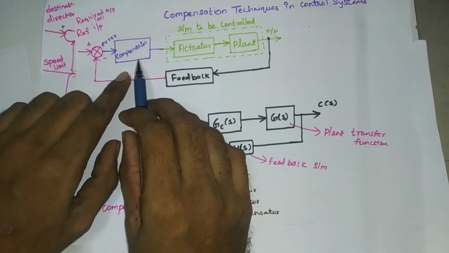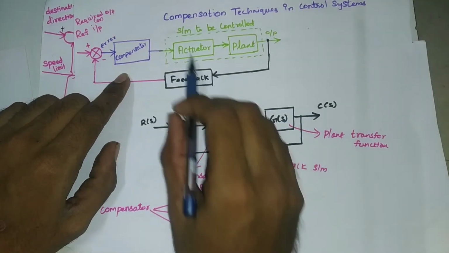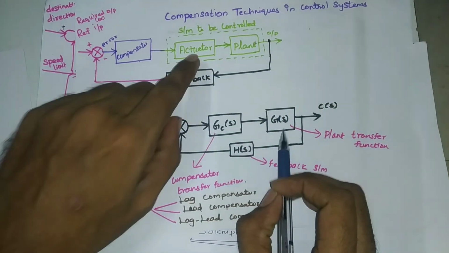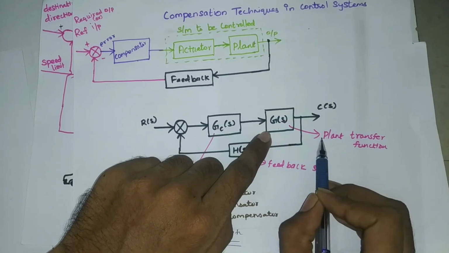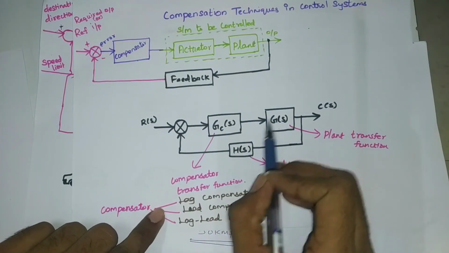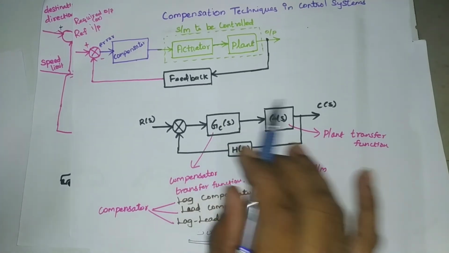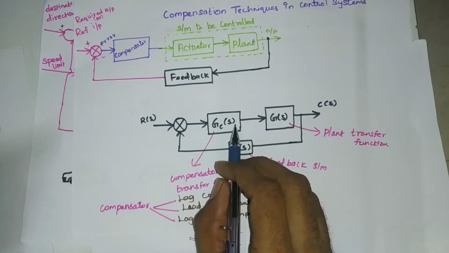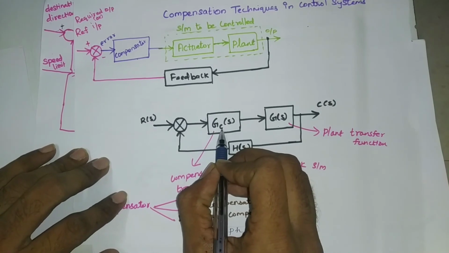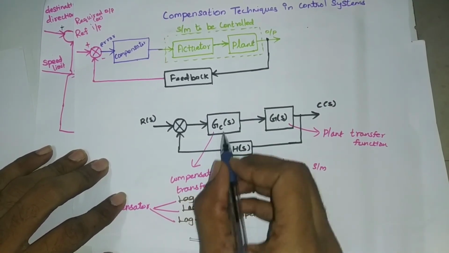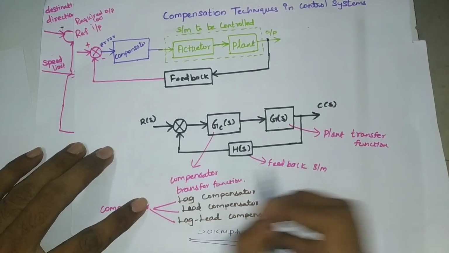So this is the compensator. Technically we can say this is the transfer function of the whole plant, G of S. So this is the plant transfer function, the open loop transfer function. And this is the transfer function GC of S. We need to mathematically find the transfer function for this compensator also. The subscript C is assigned for the compensator transfer function.